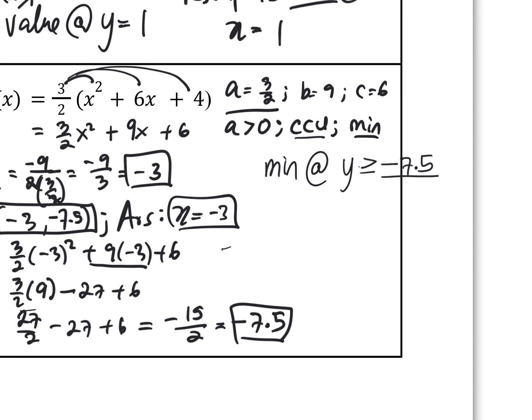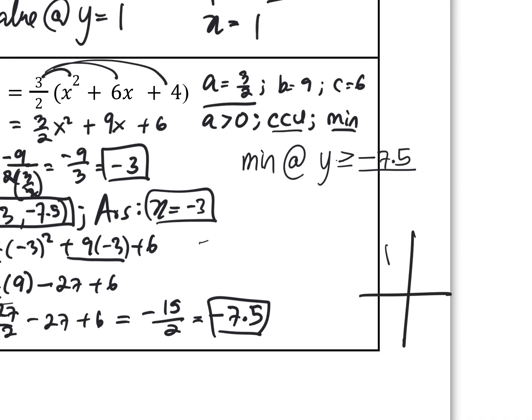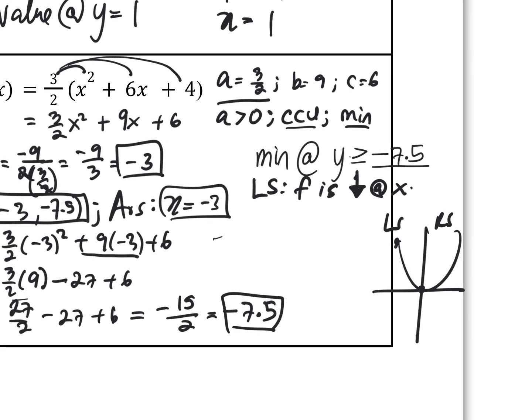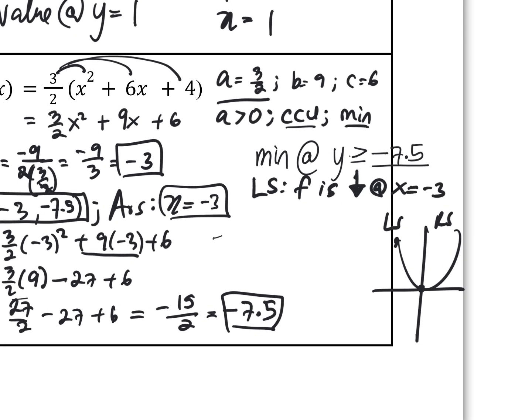Since it is concave up, it's going to be like this. On the left side, the function is decreasing at x equals negative 3, and on the right side, f is increasing at x equals negative 3.